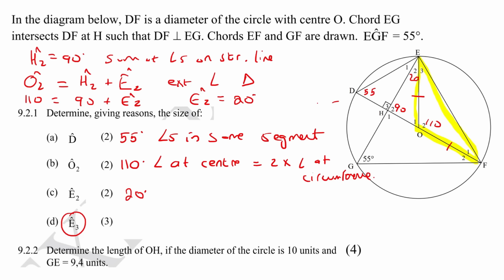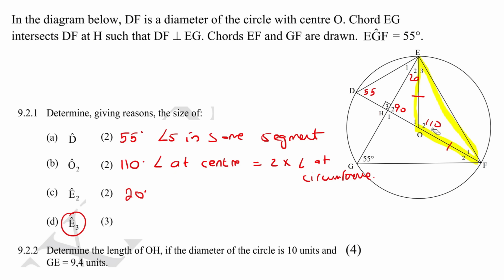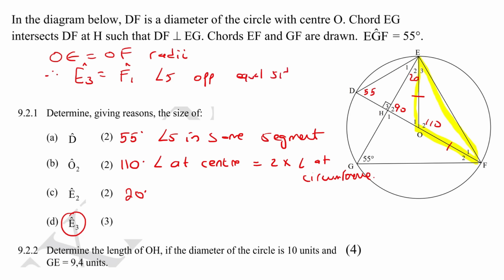Okay, but now how do we lay that out for 3 marks? So what we'll say first is that OE is the same as OF because they are both radii. Then we can say, therefore, because of that, angle E3 would have to be the same as F1. Why? Because they are the angles that are opposite equal sides.